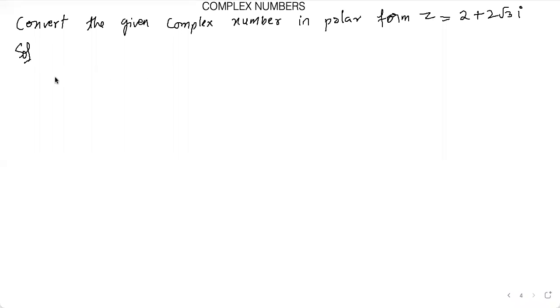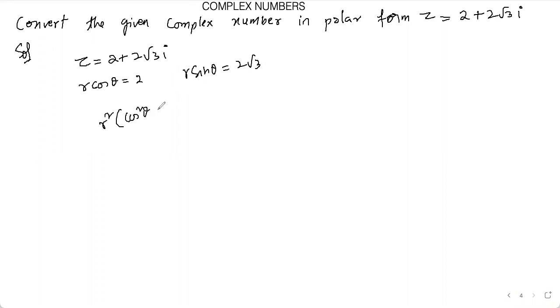So let us solve this. Again, z is equal to 2 plus 2 root 3i. So r cos theta is 2, and r sin theta is 2 root 3. Now squaring and adding, you get r square cos square theta plus sin square theta, which is 2 square plus 2 root 3 whole square.